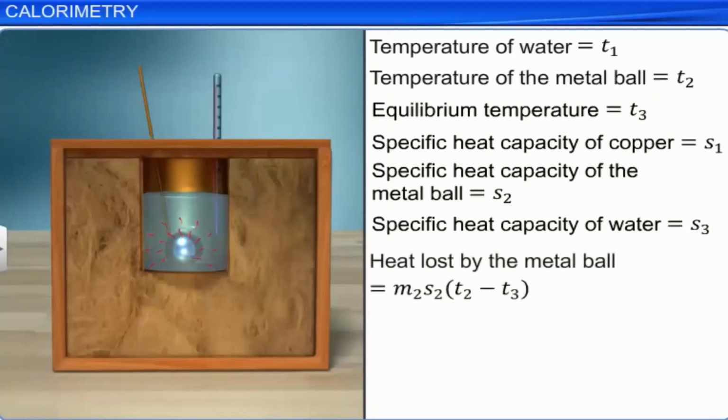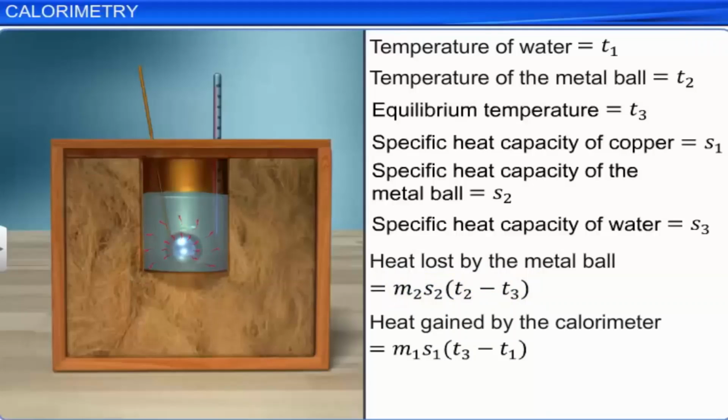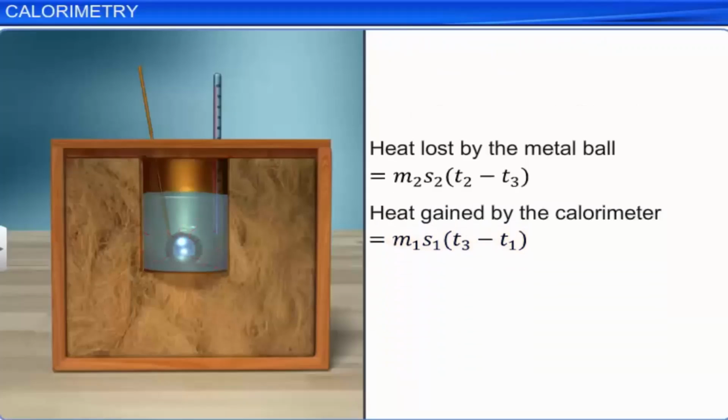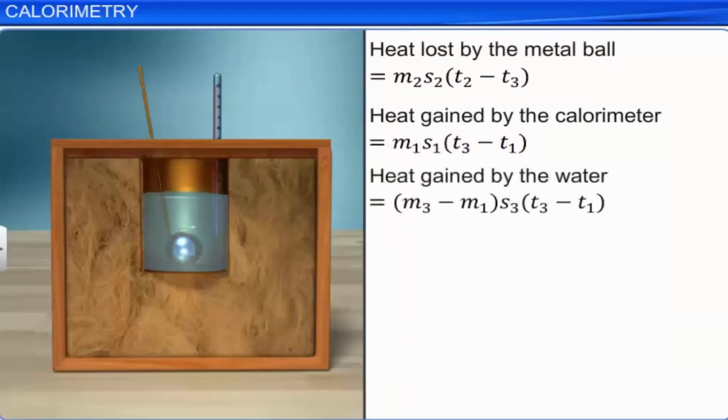Heat lost by the metal ball is equal to M2 into S2 into (T2 minus T3). Heat gained by the calorimeter is equal to M1 into S1 into (T3 minus T1). Heat gained by the water is equal to (M3 minus M1) into S3 into (T3 minus T1).